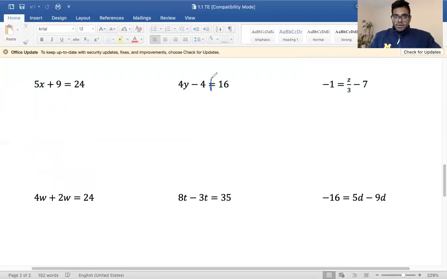Next problem. You got 4y minus 4 equals 16. So again, I'm going to try and isolate my variable. Okay, I'm trying to get that thing alone. So I'm going to try to get rid of this stuff over here. Well, how do I get rid of a minus 4? I'm going to plus 4.